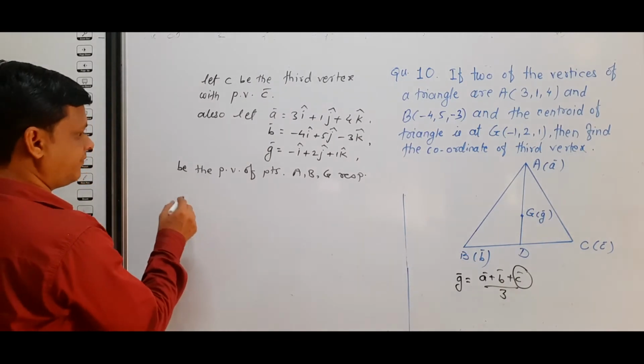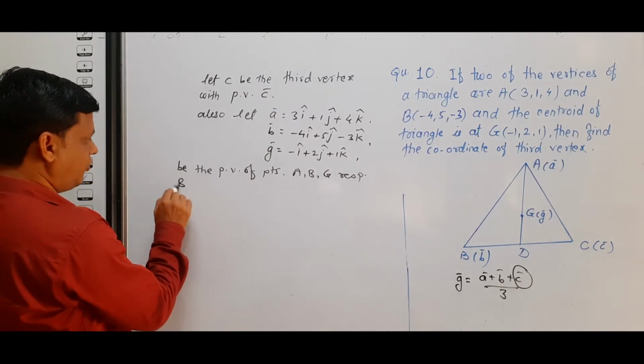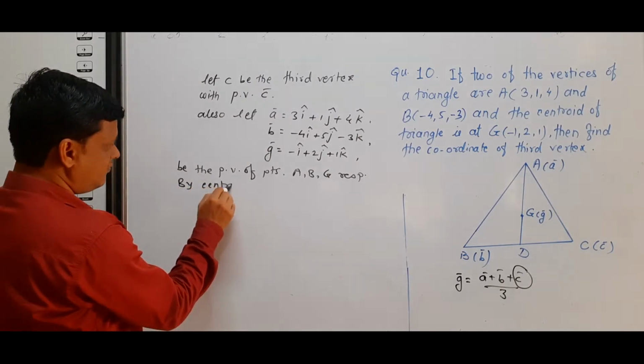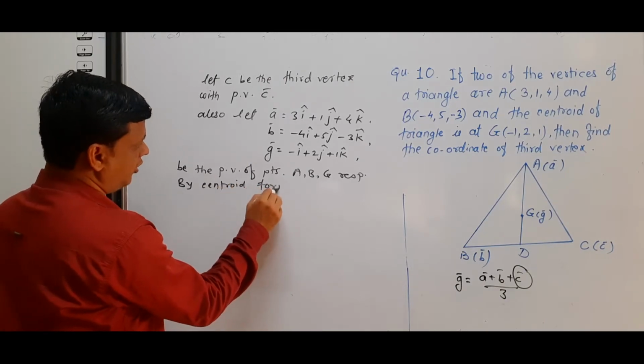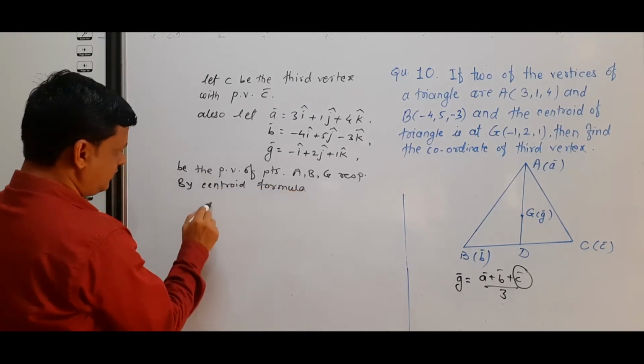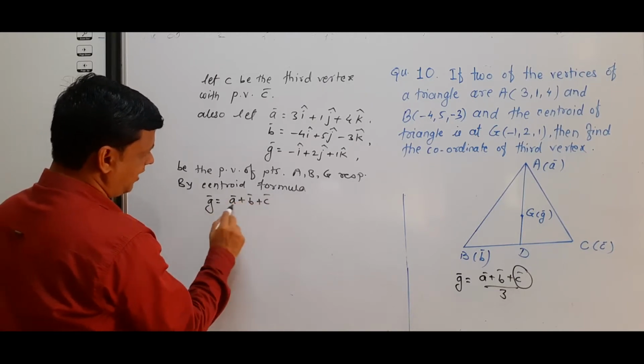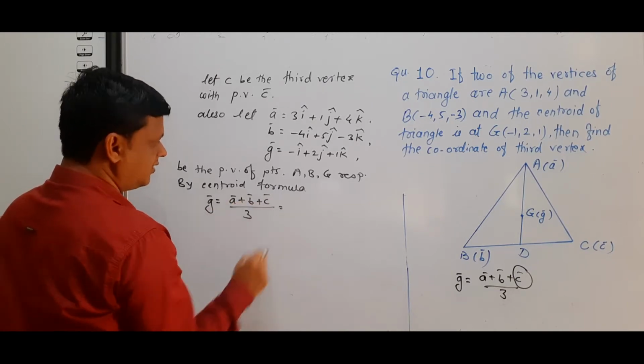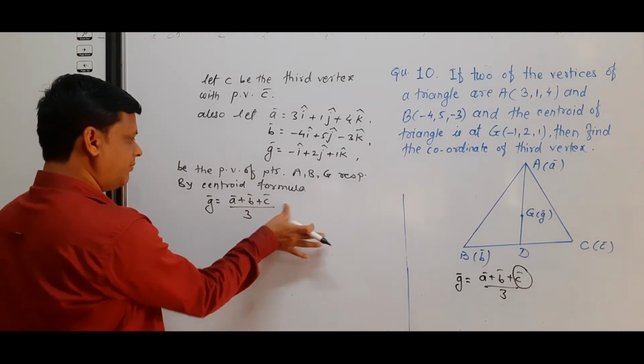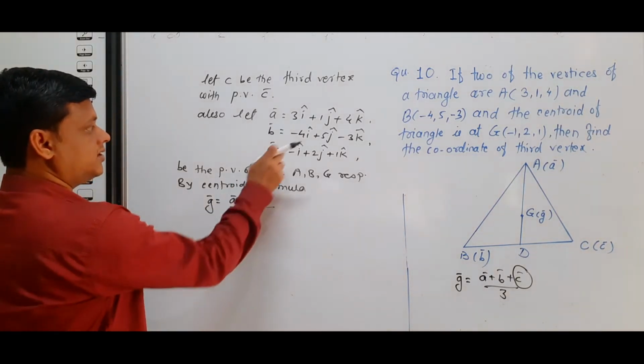So we write here, by the centroid formula, G bar equals (A bar plus B bar plus C bar) upon 3. Now substitute the values.